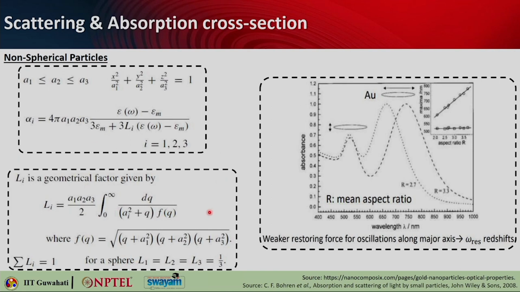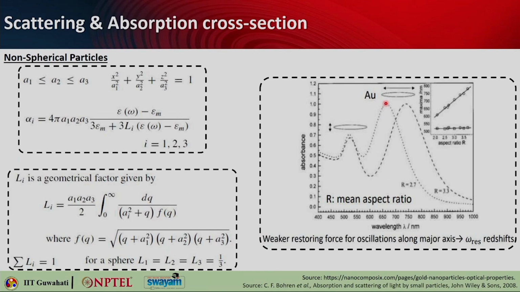So, with this you are able to find out the polarizability of an ellipsoid, and if you plot the absorbance versus wavelength, you will see that for the 2 cases, if you change the aspect ratio, that is the ratio of the height over the diameter, there is a large shift of the resonance. First observable thing is that in such a particle there are basically 2 resonance peaks.